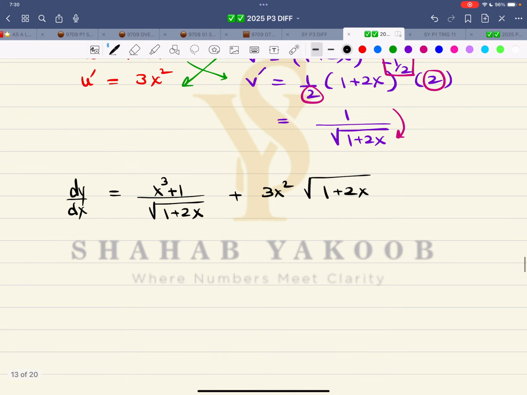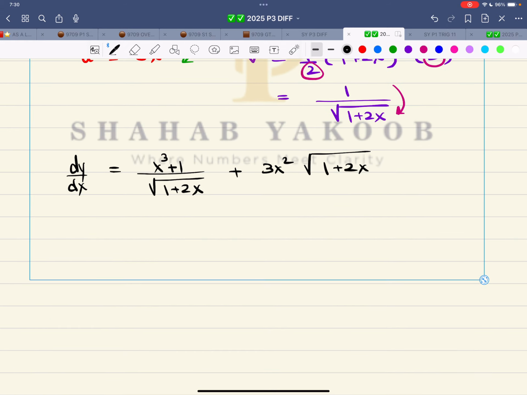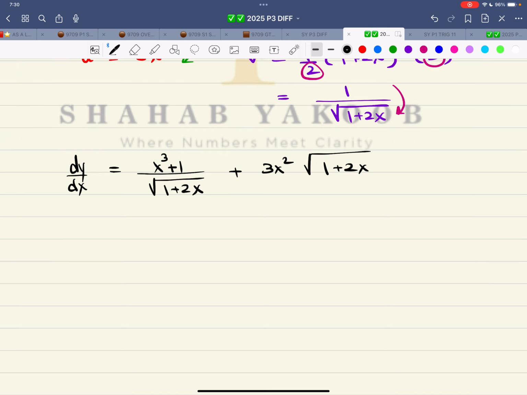Now you need to simplify it. You need to take LCM. So when we take LCM, we will write this thing. That is a straight line like this. This is the square root of 1 plus 2x. x cube plus 1 remains as it is, and this 3x square, and what happens over here?